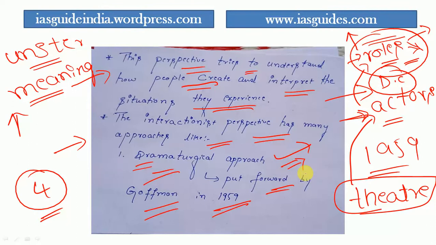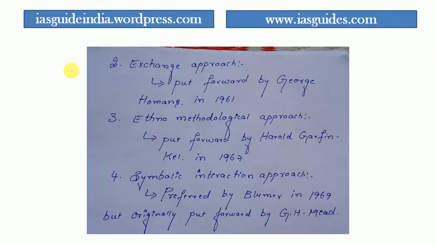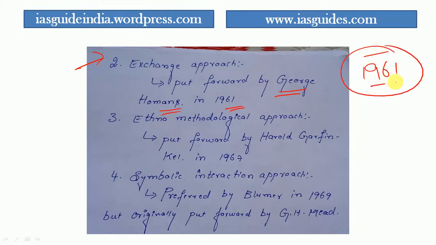Okay, then let's move on to the next approach, that is known as the exchange approach. The exchange approach was put forward by George Homans in the year 1961. Here George Homans stresses the way people control another's behavior.